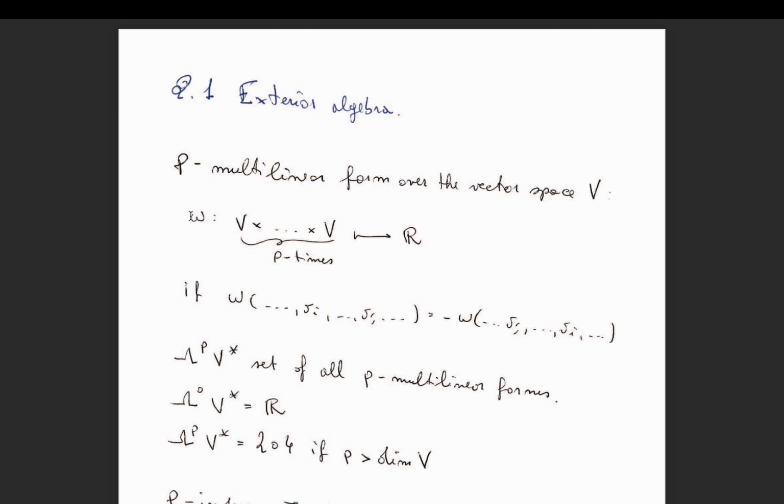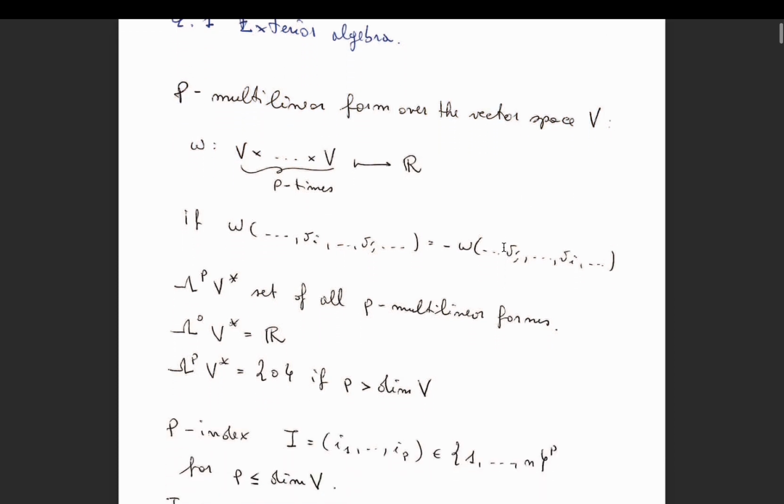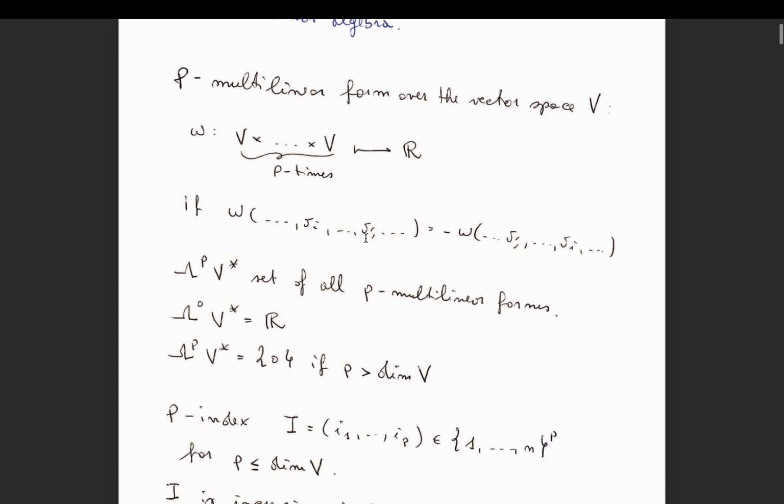It is a p linear alternating form if for each v1, ..., vp belonging to V, omega of (..., vi, ..., vj, ...) is equal to minus omega of (..., vj, ..., vi, ...).